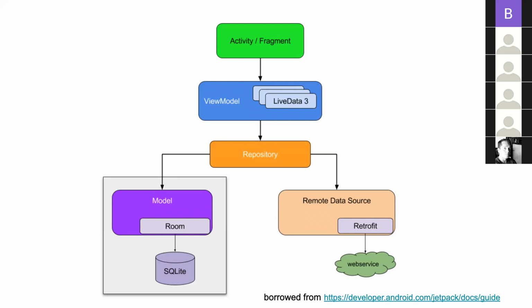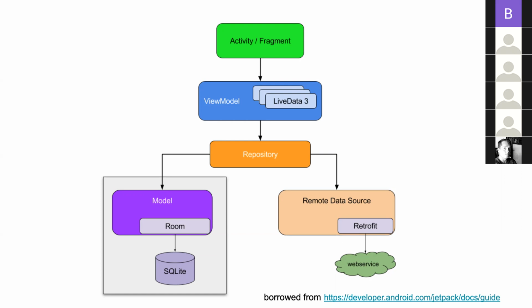But I think over the years they kind of saw that there was some value in really helping folks along to build apps in a way that was performant, less error prone, and just followed solid software development principles. So they released the architecture components.